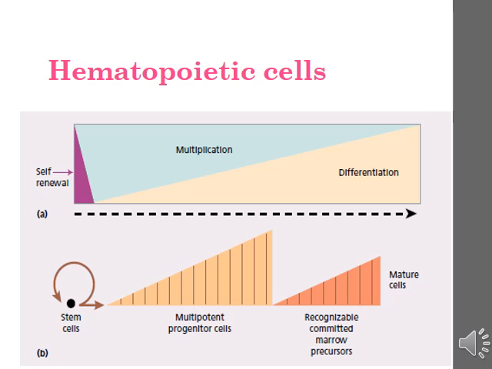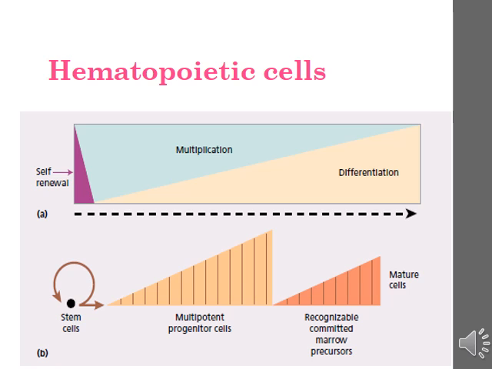Initially in diagram B you can observe the stem cell, a single cell which is responsible for all these phenomena. All cells originate from the stem cell. After stem cells, multipotent progenitor cells form, and these progenitor cells may be of many types.